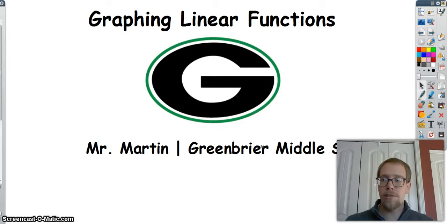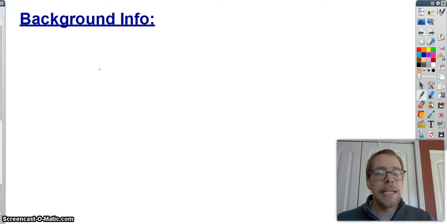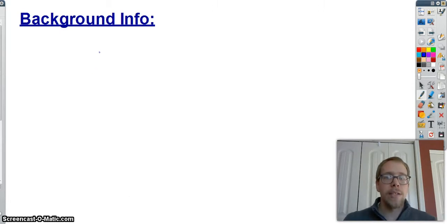Now, before we get started, we're going to discuss some background information that we're going to need to know going into this. One, we can represent linear functions using a linear equation. Typically, you'll see a linear function in this form, especially when we go to graph it: y equals mx plus b.